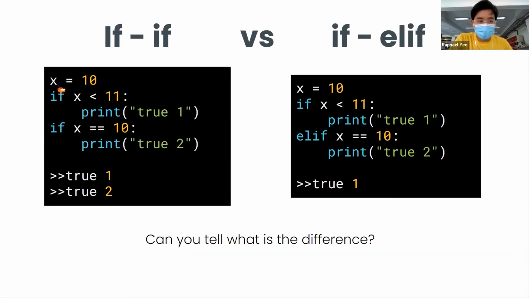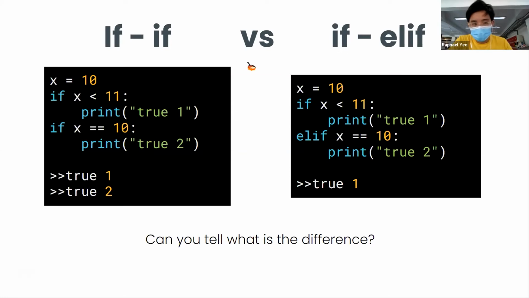So what this shows is that if you have two if statements, they are independent of each other, meaning what happens to the first if statement does not affect what happens to the second if statement. Regardless of whether the first if statement is true, the second if statement will still run.